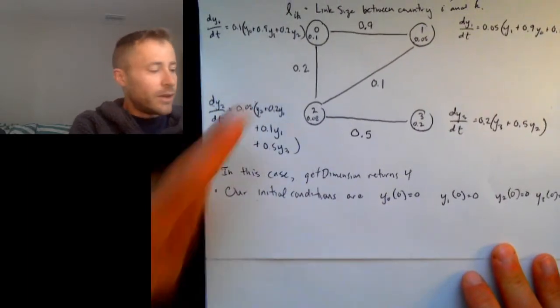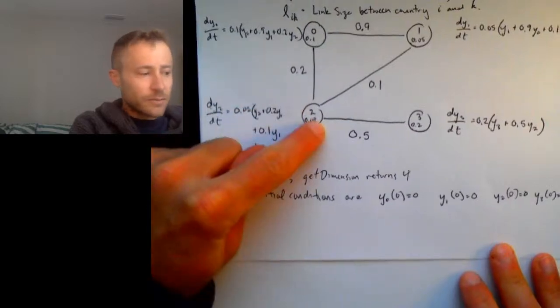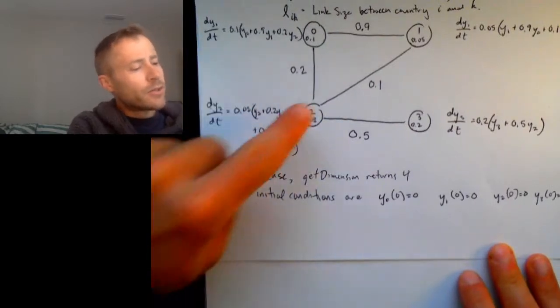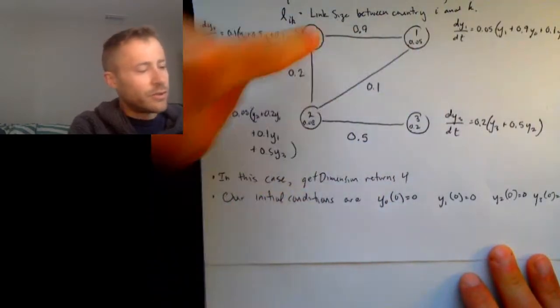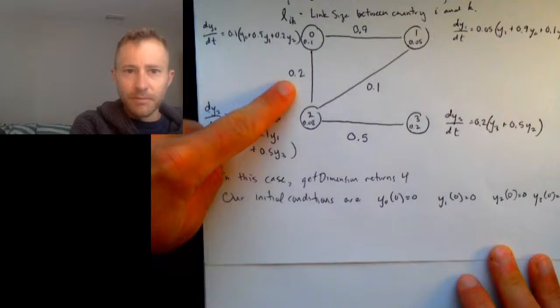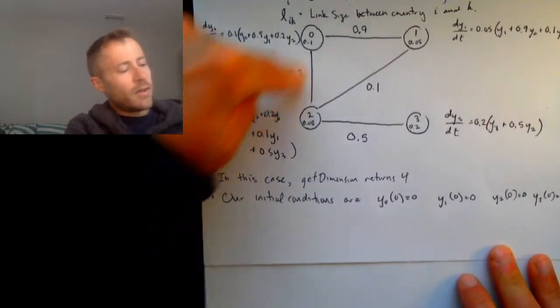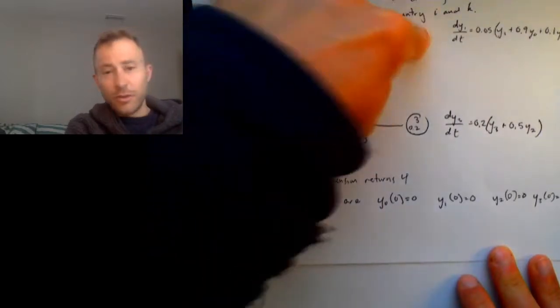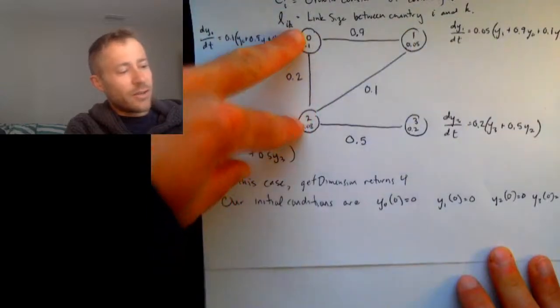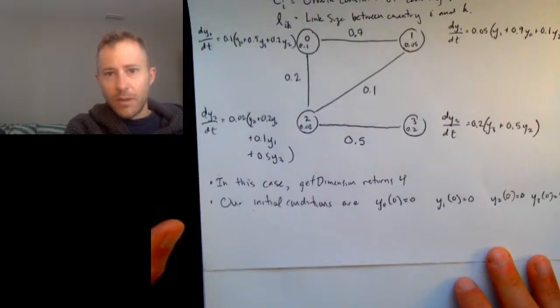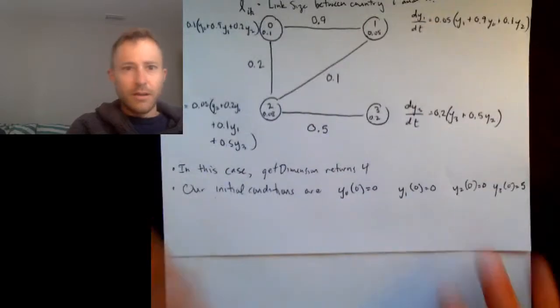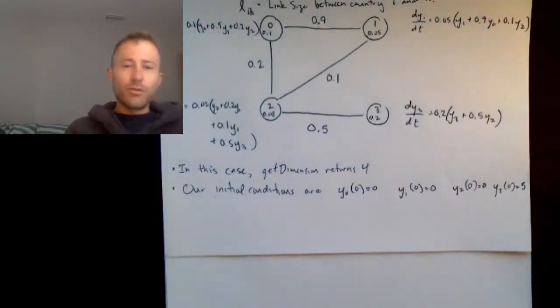Now, once country 2 has cases, it's going to transmit to country 0 and to country 1, but mostly to country 0 because the link is stronger. And then country 1 is going to start getting the disease from both country 2 and country 0. So we can model the spread of a disease throughout the population.